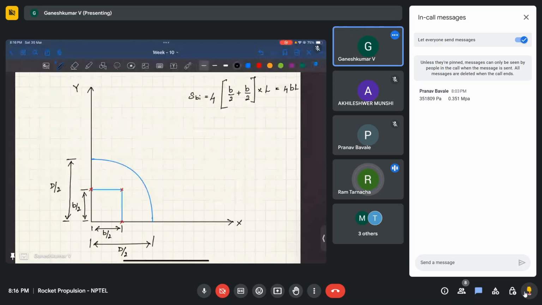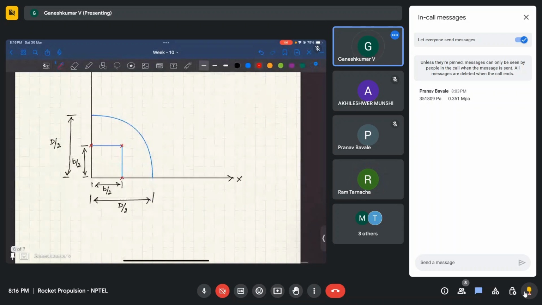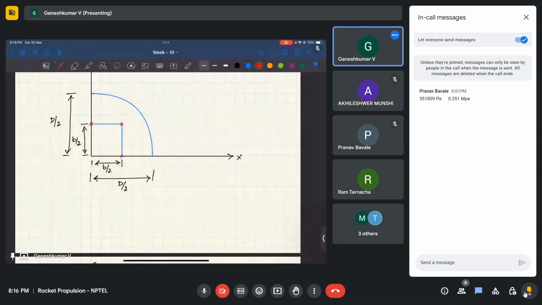Let's say we slowly regress these surfaces. Now let's say we have this surface, and let me mark it a, b and c.